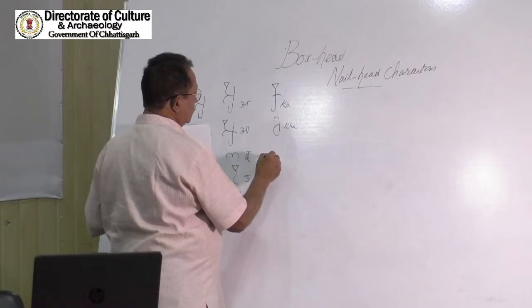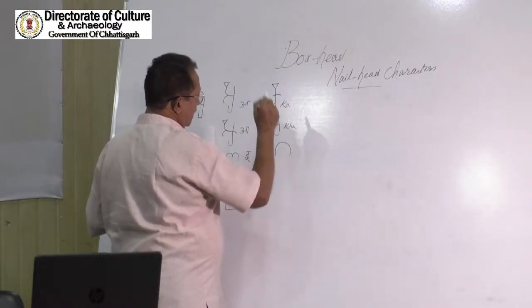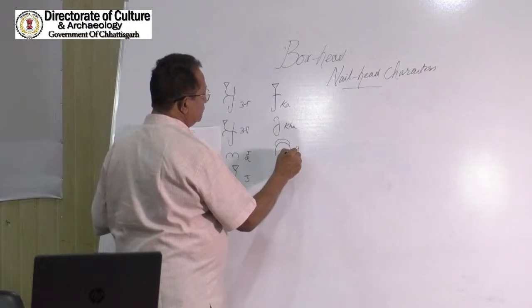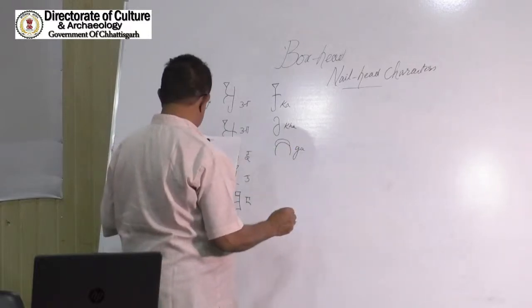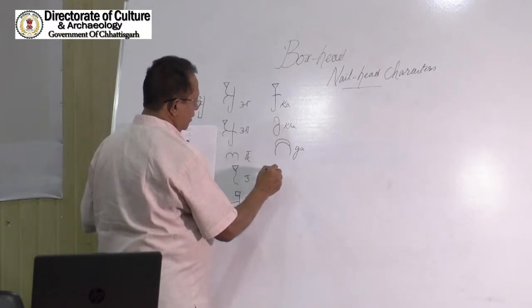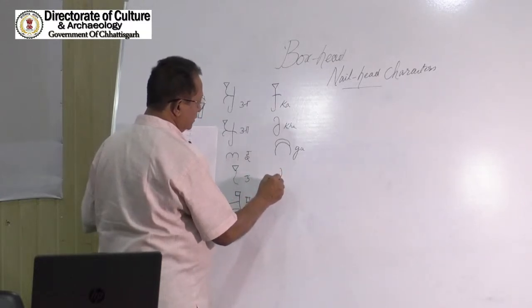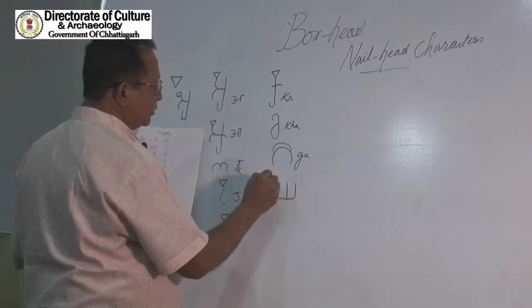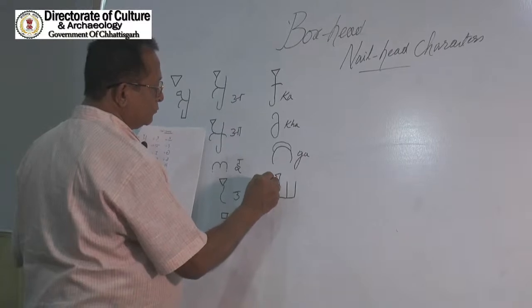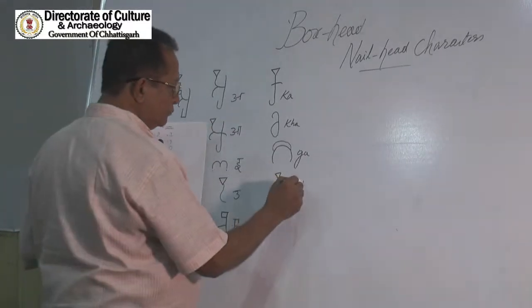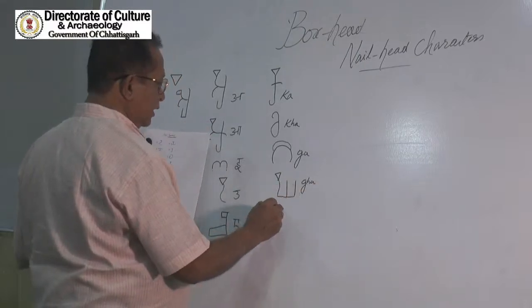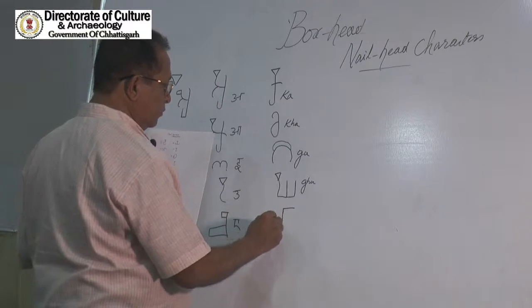And Ga also doesn't have any nail head, but instead the same elliptical form continues on the top. Gha, slightly this arm bent, you attach the apex on the top. Gha. Now there is none, the same continues.